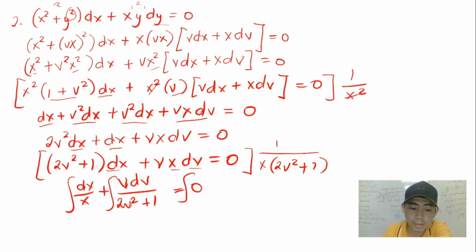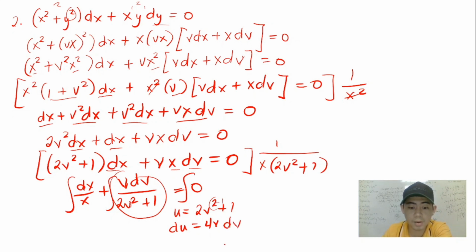In the integral, if there is such a term, use u equal to 2v squared plus 1, du equal to 4v dv, because we bring down the 2 times 2, 4, and v raised to 2 minus 1 is 1. But we only have v dv in the numerator, so to balance it, get the balance factor, which is 1 over 4.